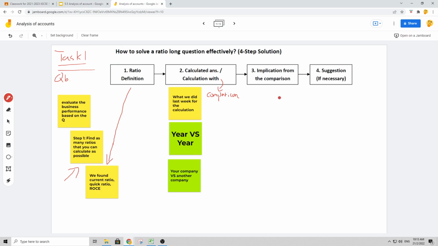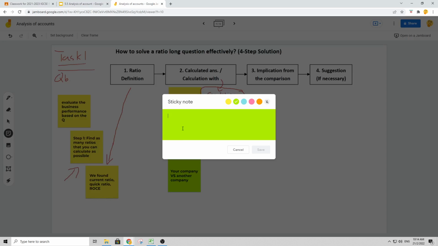Look at this, the missing keyword that I was supposed to put in the booklet. You compare different things, and there are so many different ways that you can compare. Also, there's one more thing that you can compare, and you may find it in your exam: your company versus the industry.